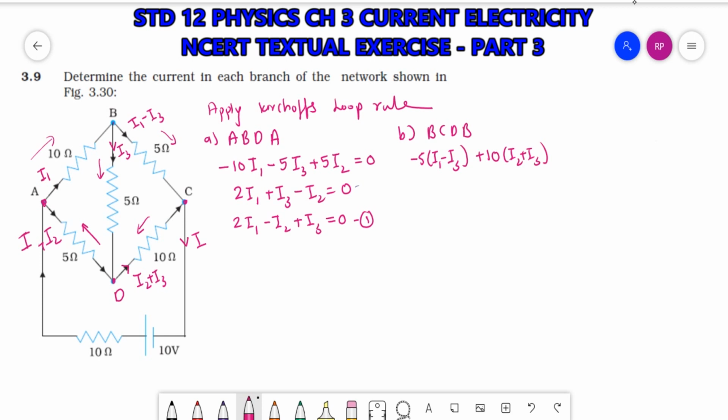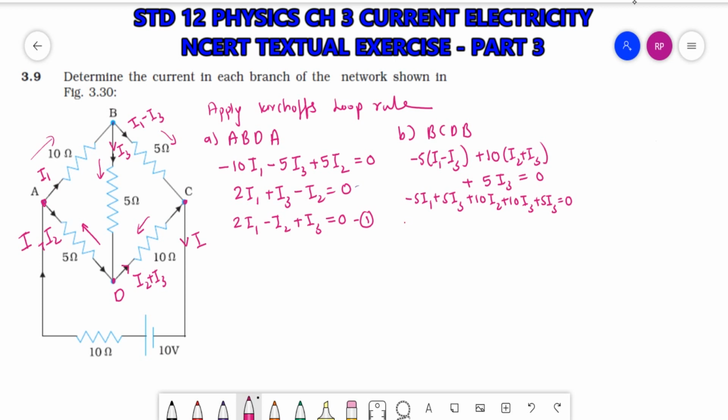Moving from D to B, my journey and direction of current are opposite, so plus IR, resistance is 5 and current is I3, equal to 0. So minus 5 I1 plus 5 I3 plus 10 I2 plus 10 I3 plus 5 I3 is equal to 0.